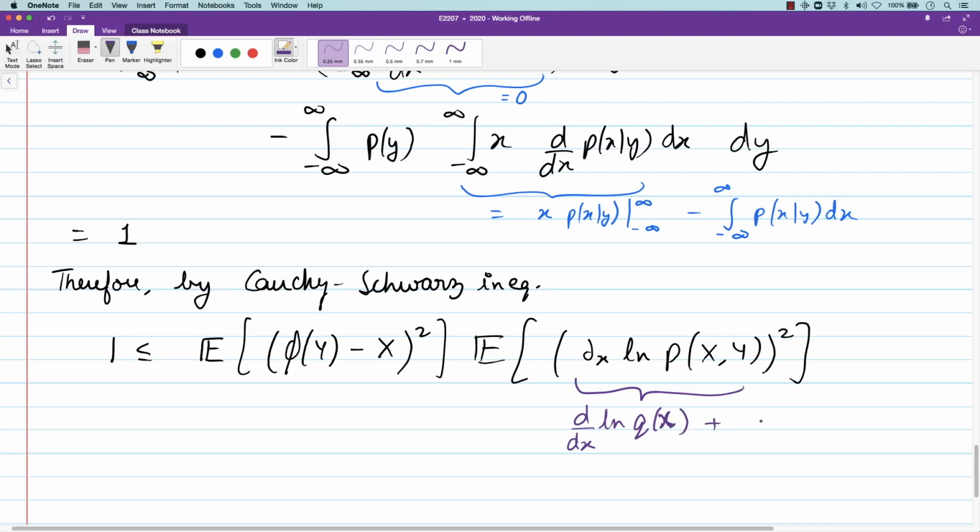So this is d by dx of the Gaussian density of y minus root gamma x, whole square by 2, divided by root 2 pi.